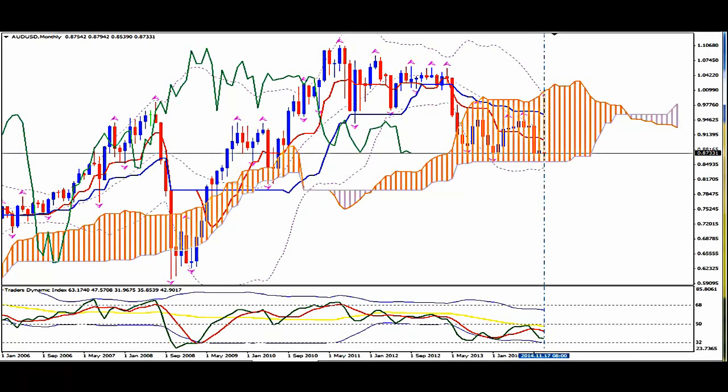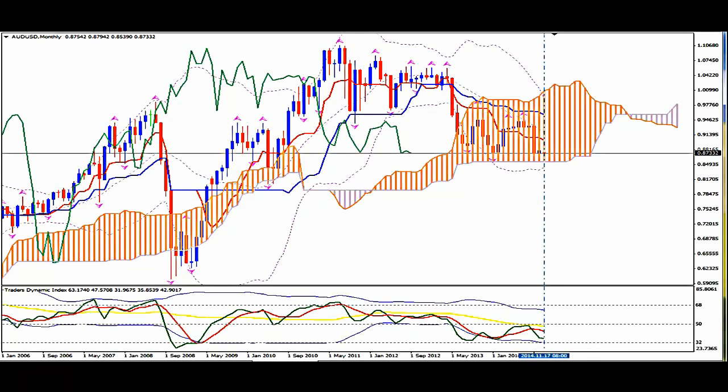We see that the pair is balancing inside the body of the Kumo, and the TDI shows a slight inclination of the green line, like it wants to go upwards, like it wants to stop falling, but we don't get any crystal clear signal on the monthly.